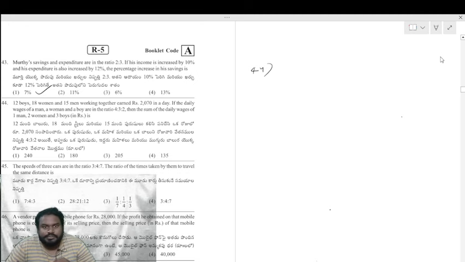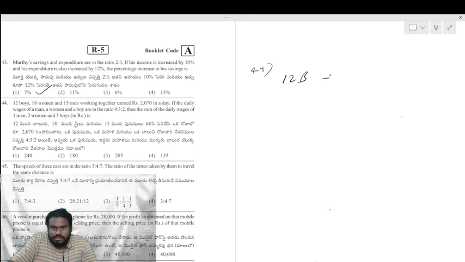12 boys, 18 men, and 15 men working together earn rupees 2070.